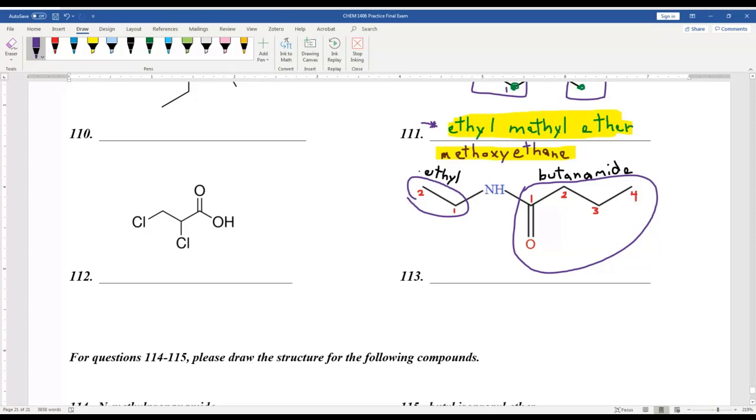But because this is attached to the nitrogen, I'm actually going to say N. So this would be N-ethyl butanamide, no space. N-ethyl butanamide. And that's it.